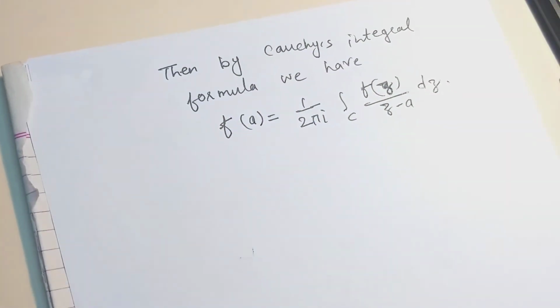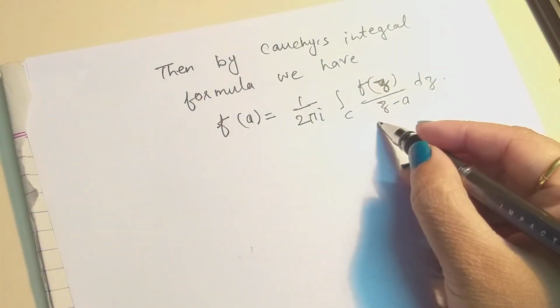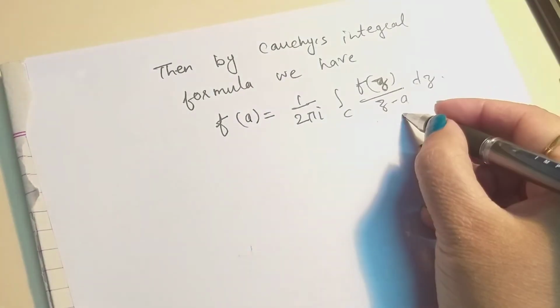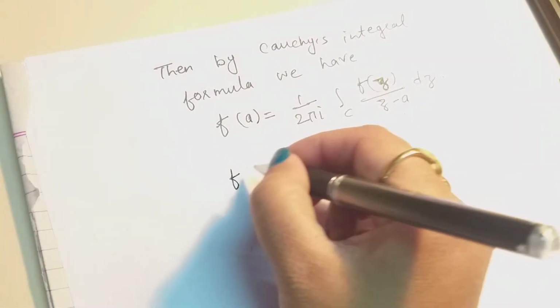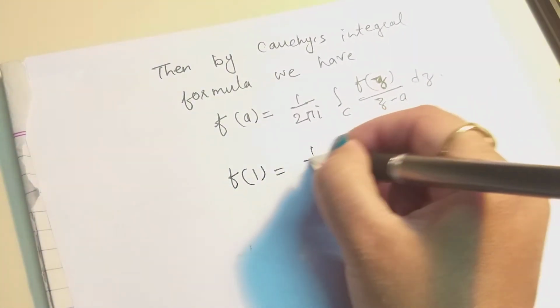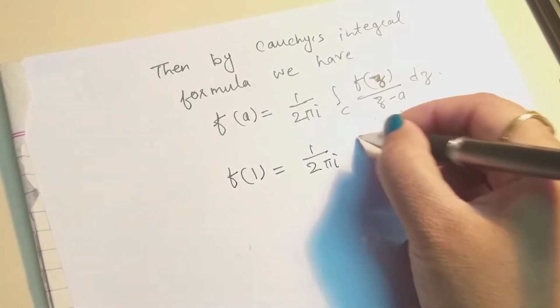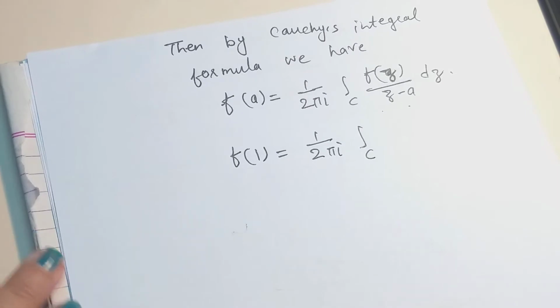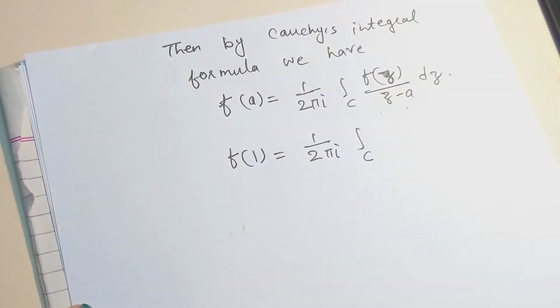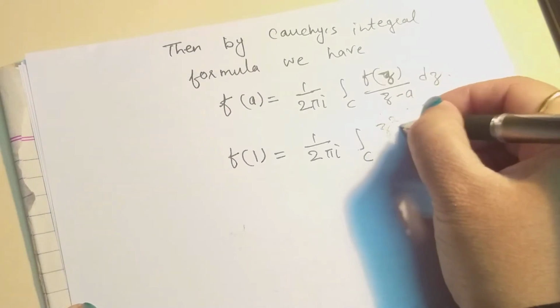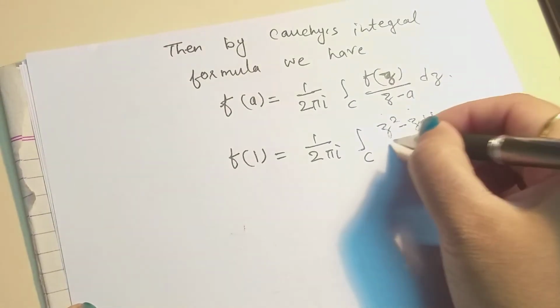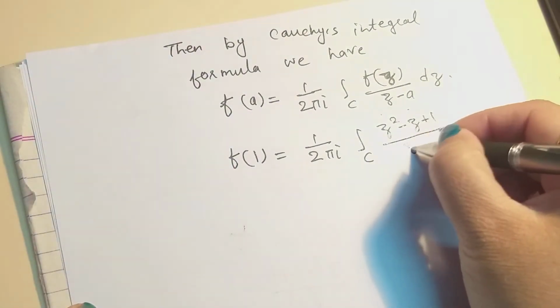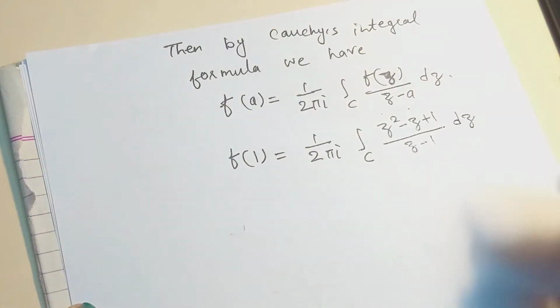This is the Cauchy's integral formula. Now putting the values here, a is 1 here, so f of 1 is equal to 1 by 2 pi iota integral over C, and our function is z square minus z plus 1 divided by z minus 1 dz.